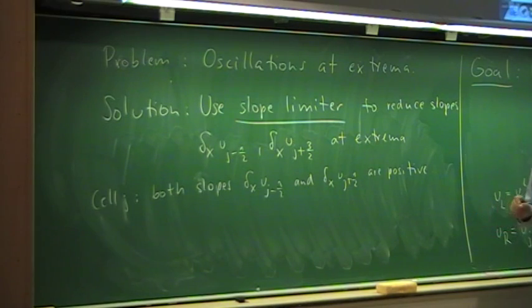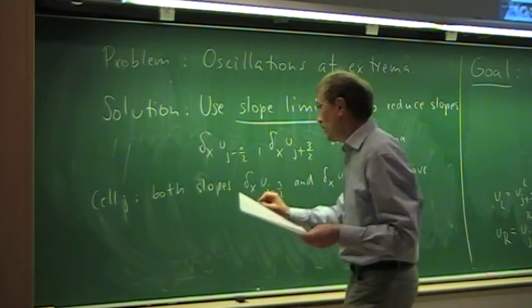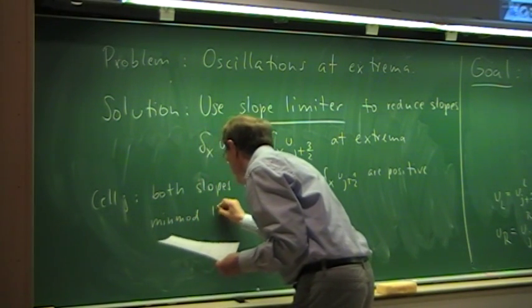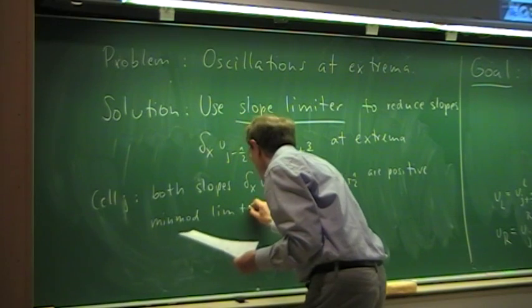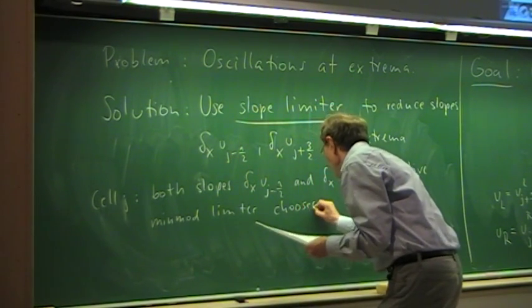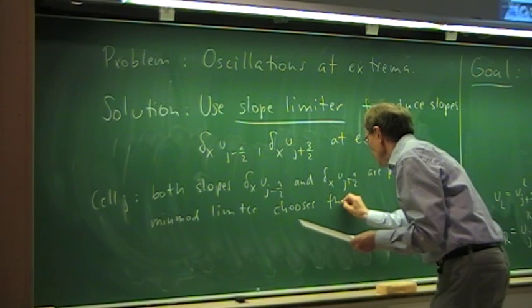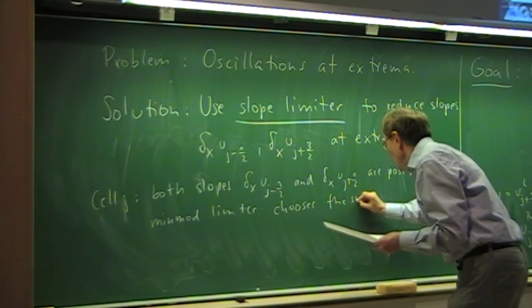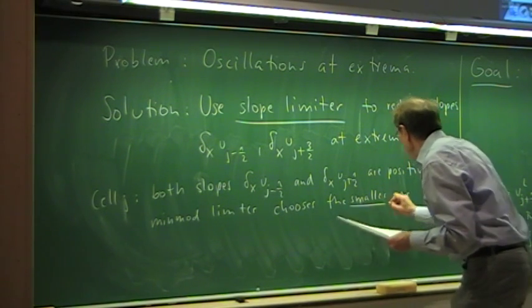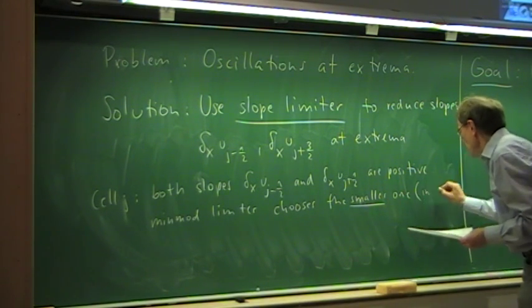Then the limiter that we will choose is called the Minmod limiter. You will get the definition in a minute. So the Minmod limiter chooses the smaller one, we should add in absolute value.